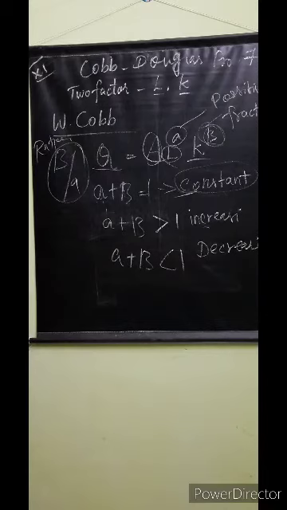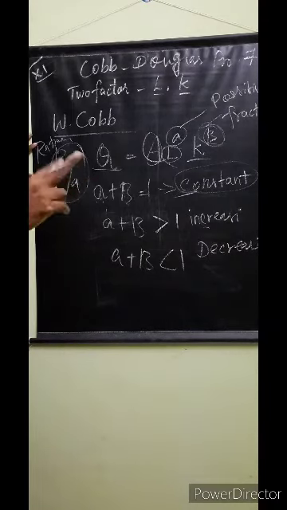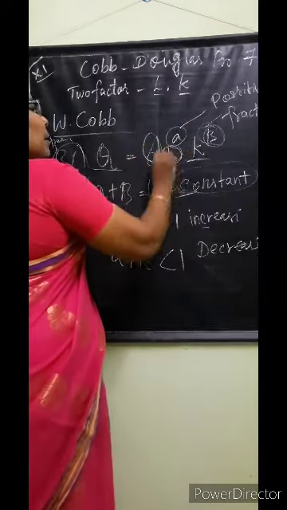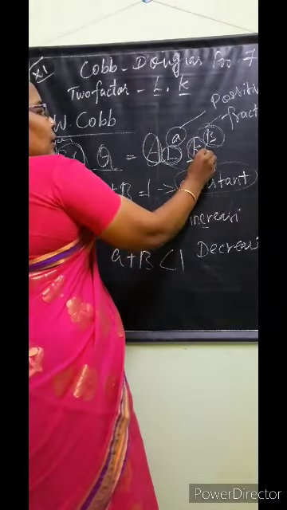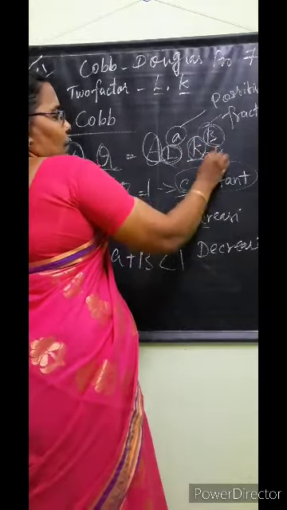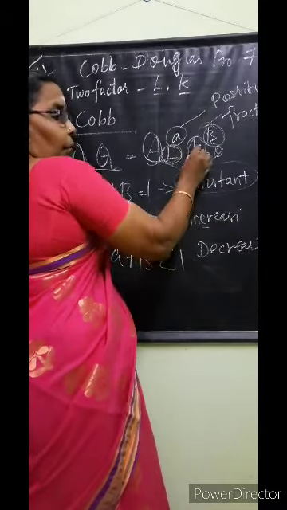And then as we studied first, everything is applicable for the Cobb-Douglas function also. That is, labor and capital. Production takes place only when both are employed. While we talk about labor and capital, we cannot keep one as zero, isn't it? Both should be employed.